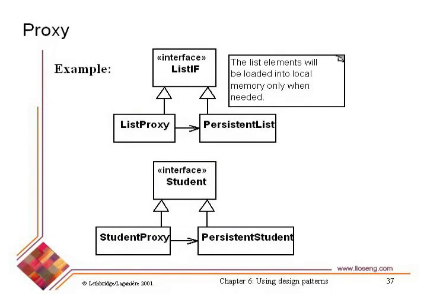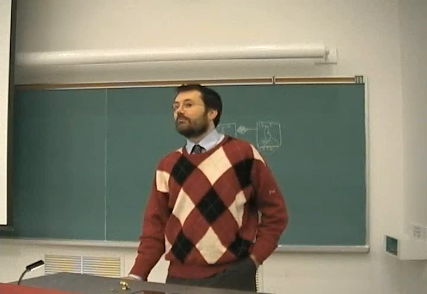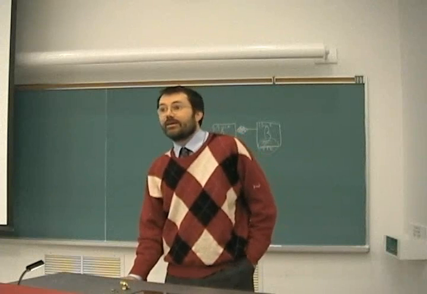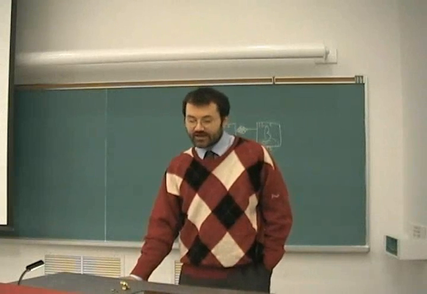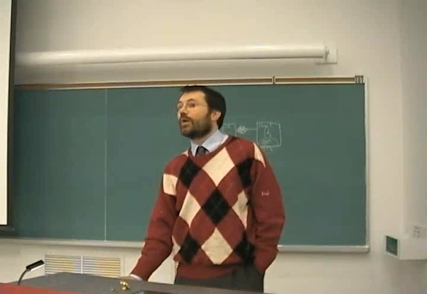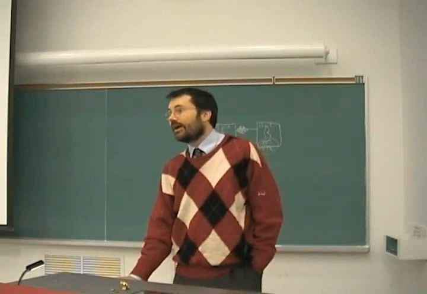But it turns out that there is a student proxy and a persistent student underneath it. They both implement the same interface, and so whether I've got the proxy or whether I've got the real student, my programs don't really care. My programs can still do all their work, because if they happen to have a proxy, the proxy will delegate to the persistent one when needed. Okay?